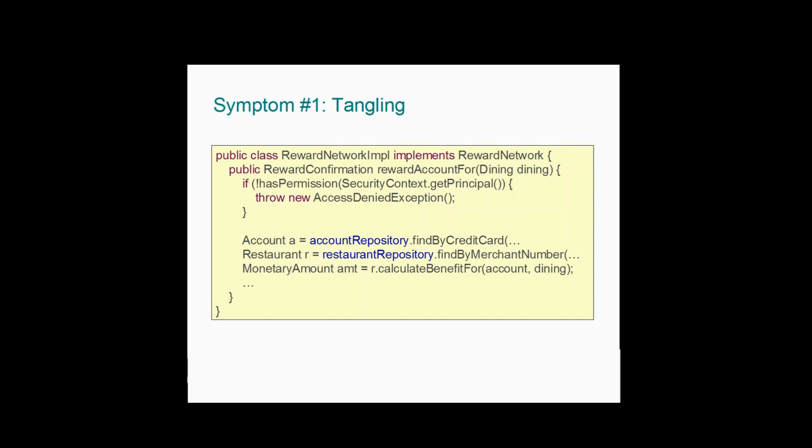It's very difficult in this case to control security outside the scope of this method. If I have to add more to the security, I have to come and change the code here, or comment out the code or whatever. Let's say in that case I don't need to go and change the code or comment.